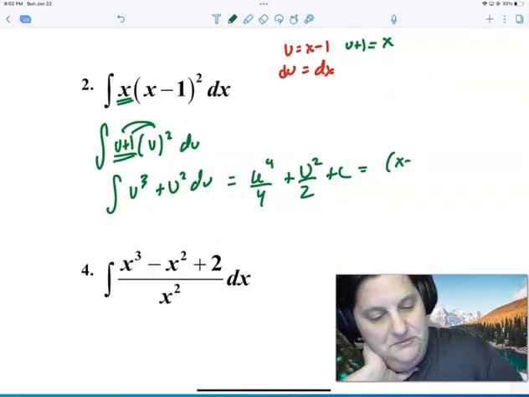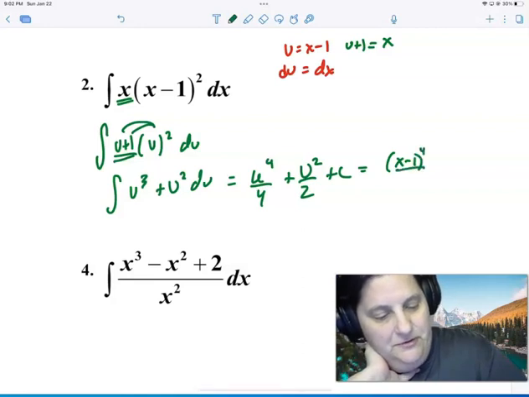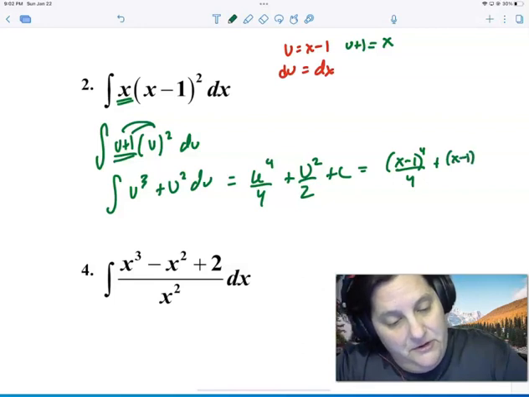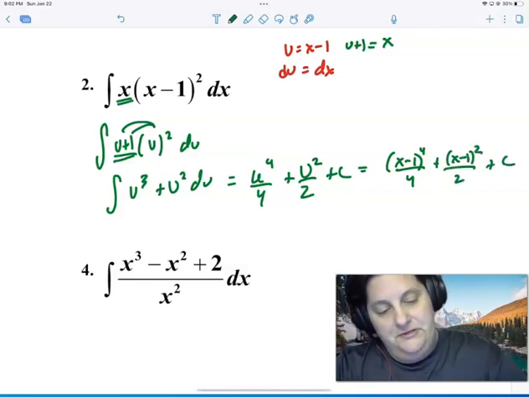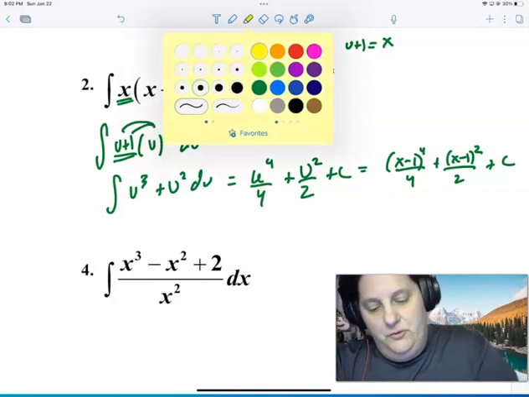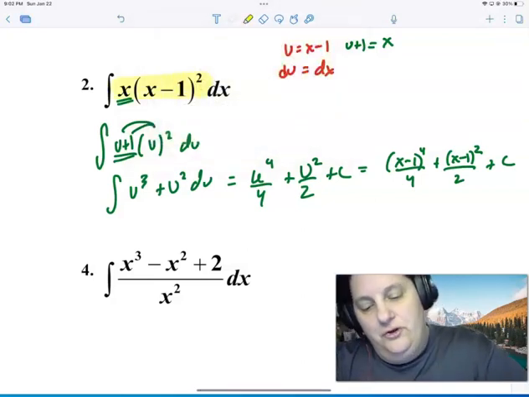So that's x minus 1 to the 4th over 4, plus x minus 1 to the 2nd over 2 plus c. Now, another way that you could do this, because this isn't too bad of a problem, you could multiply this out.